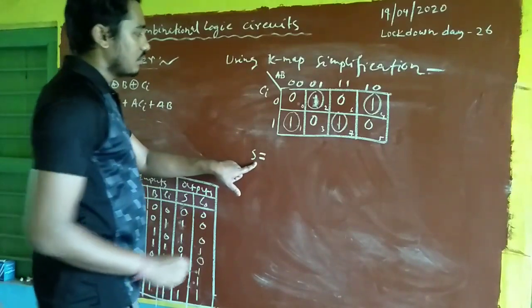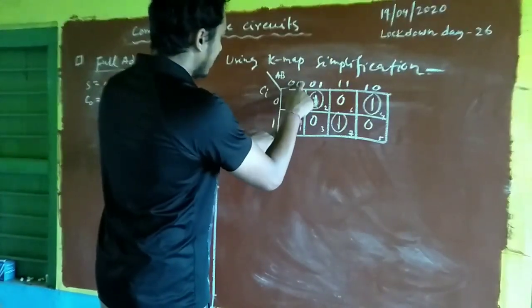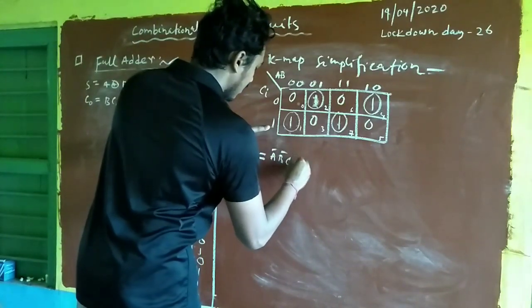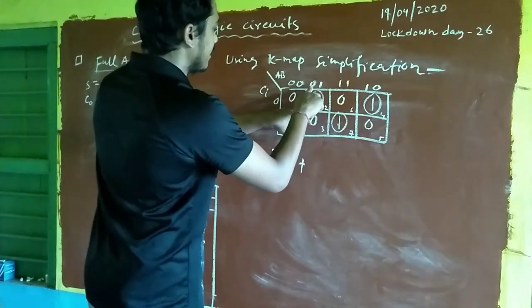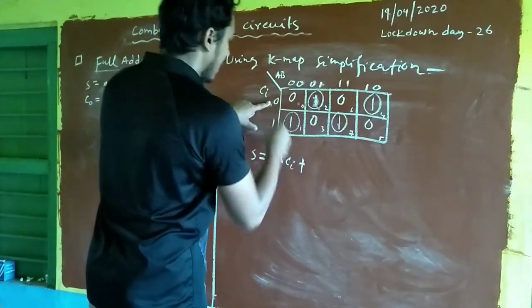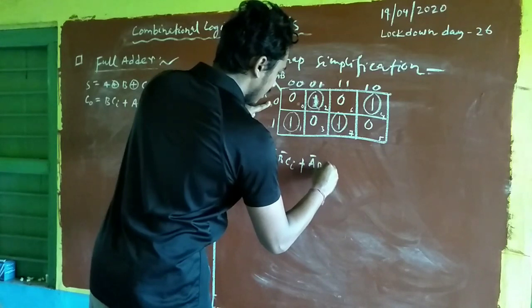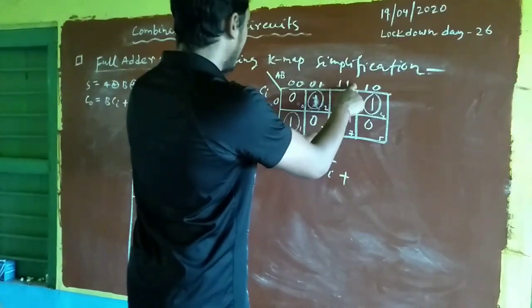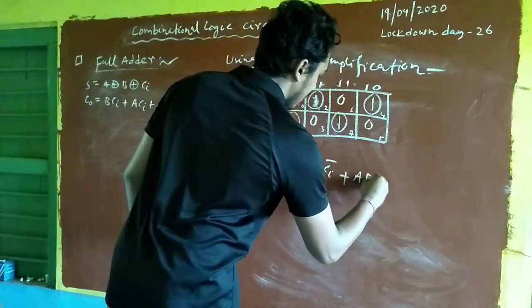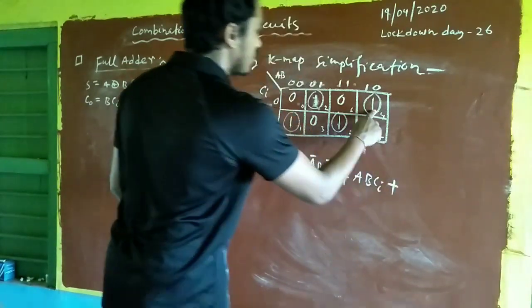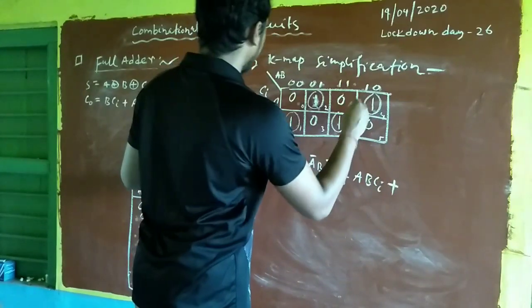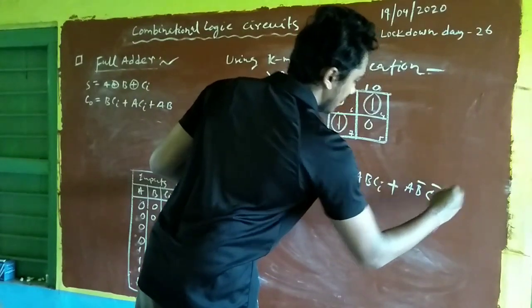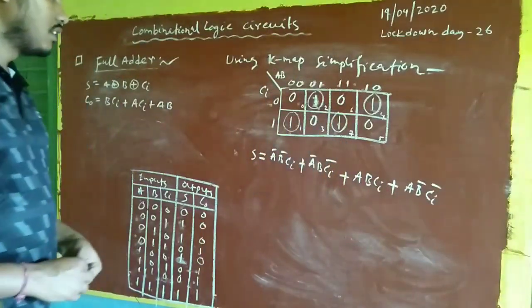So S is equal to, for this one, A bar B bar Ci. For this one it is A bar B Ci bar. For this one it is A B Ci, and for this one it is A B bar Ci bar.